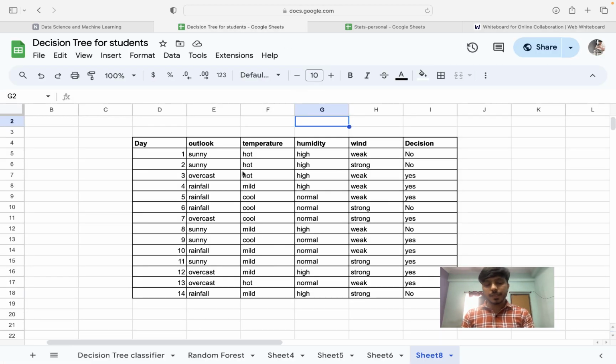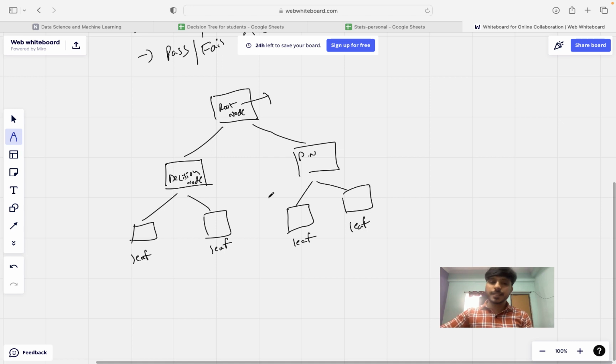I have this ever famous data that we have, based on these features. I need to decide whether we're going to play tennis or not. Simple data, easier to understand. One more thing is, these decision trees are built based on two criteria. The entire set of nodes is decided based on two criteria.